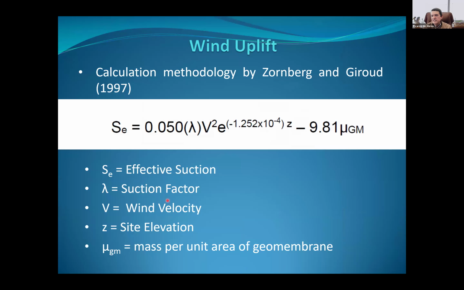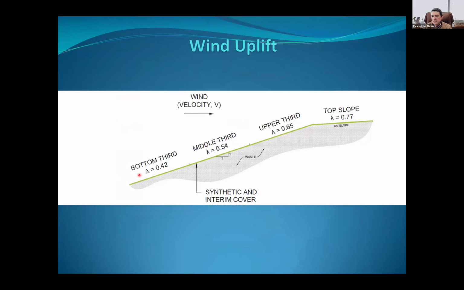As I said, that is where the suction factor comes from. When you do this wind uplift design, according to the methodology, you can have different values of lambda, the suction factor. At the lowest point it is not going to be much.